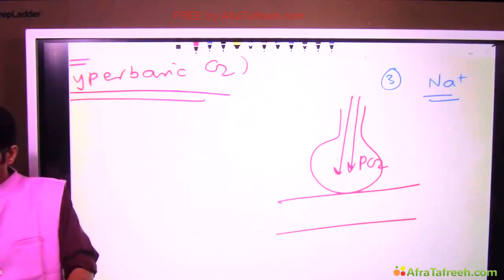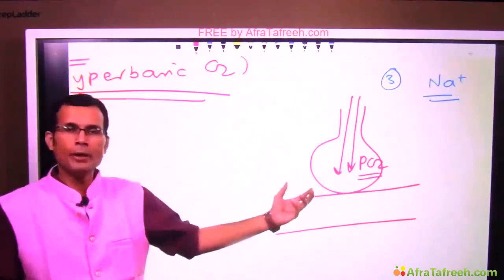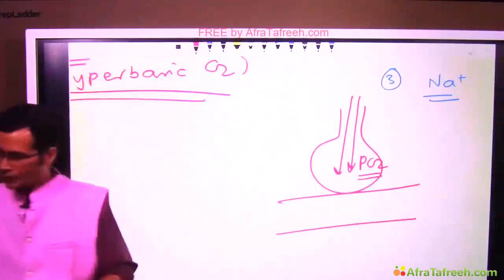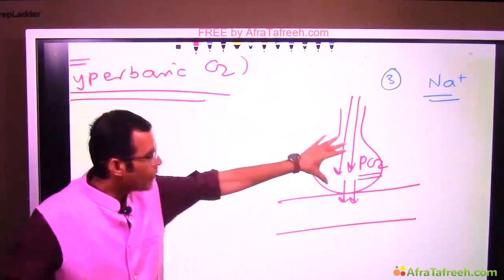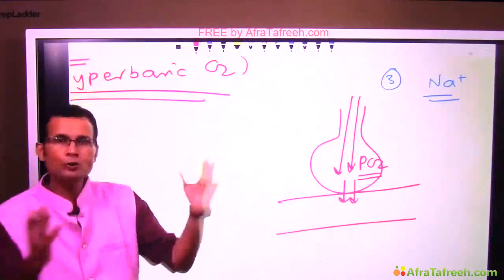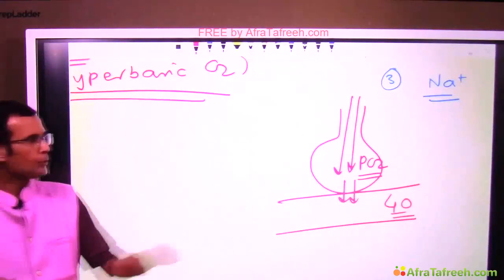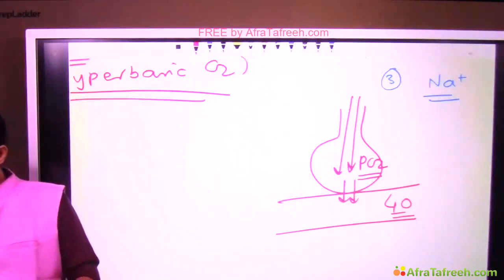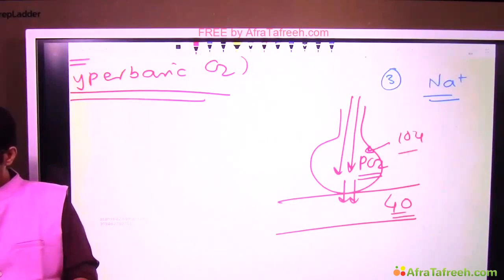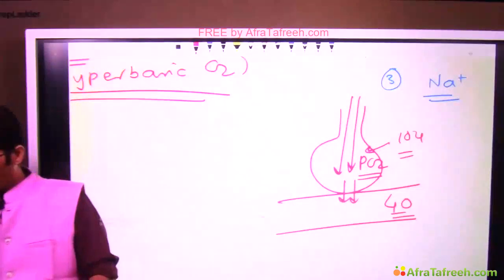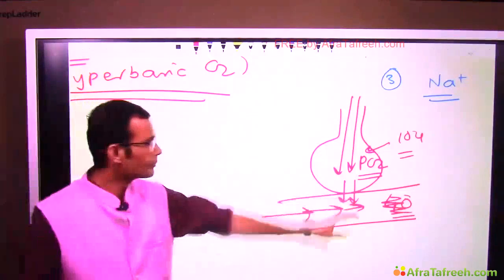So the partial pressure of oxygen in the alveolus will increase tremendously, and therefore its pressure gradient from alveolus to the blood will also widen. Just imagine that in the blood the PO2 was 40, and normally the PO2 in the alveolus was, let's say, 104. 40 in the venous blood, it has come to the pulmonary circulation now.